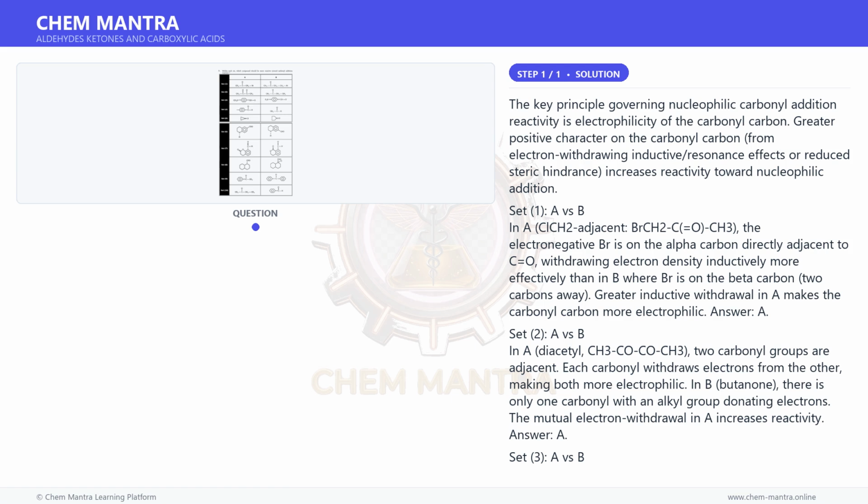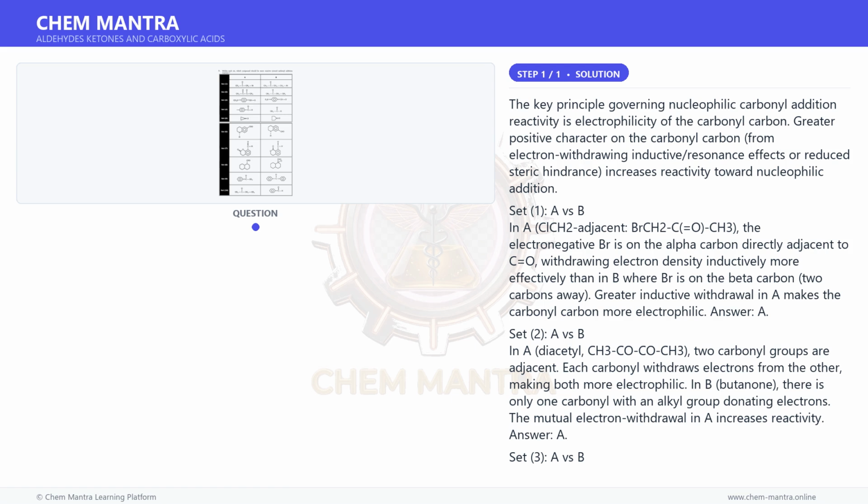In A, acetophenone, Ph and CH3. One side is a phenyl group, electron withdrawing by induction but donating by resonance, and the other side is methyl. In B, benzophenone, Ph on both sides, both phenyl groups provide more resonance delocalization of the carbonyl, reducing electrophilicity, and also providing greater steric hindrance from two aryl rings.